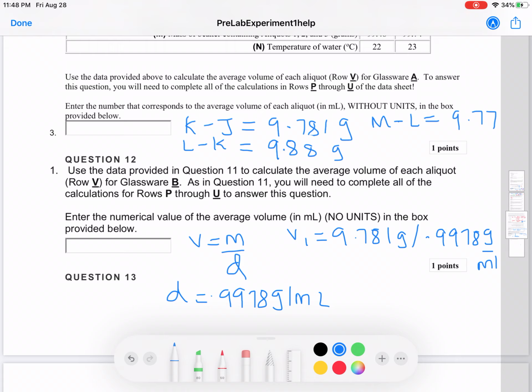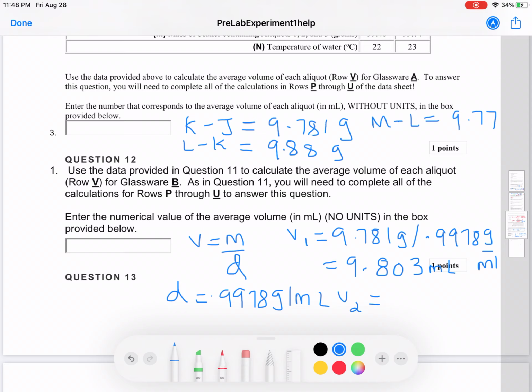Your answer is going to be in 4 significant figures because it's a division. 9.80256, so you round up to 9.803 milliliters.